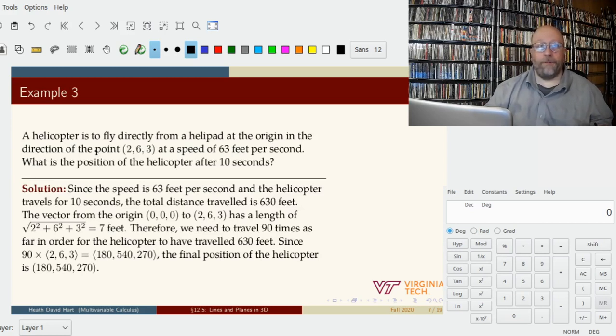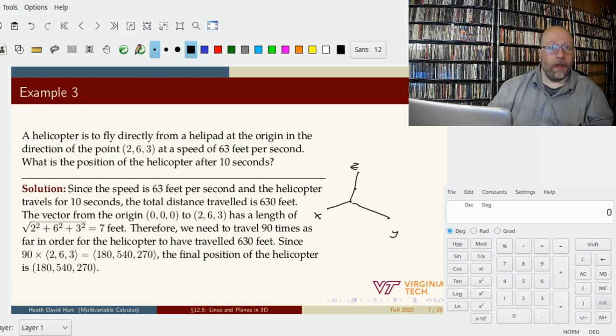Let's look at another example. A helicopter is about to fly directly from a helipad at the origin. So here's our origin, here's our helicopter. I can't draw, but that's our helicopter and its little tail.